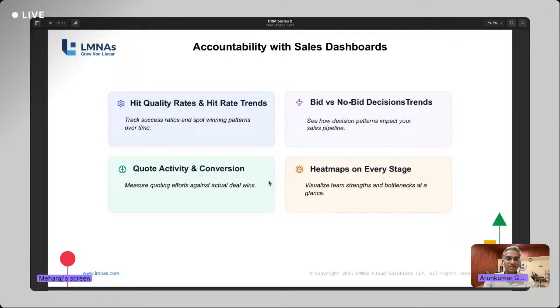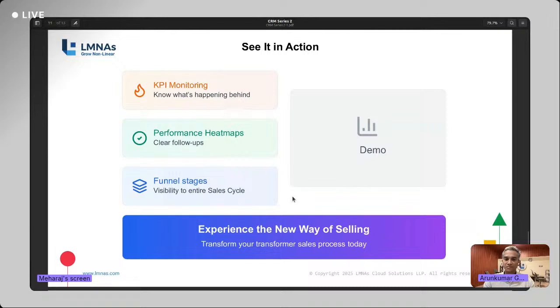These are the different areas we are going to look at, with more details coming up. Is there any other slide left on top of this? No, Arun, I think we can get into the detailed session.